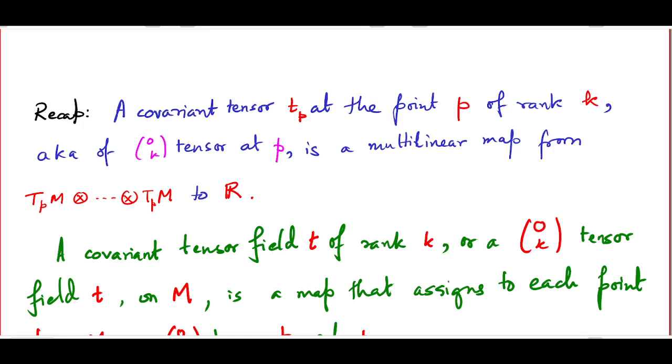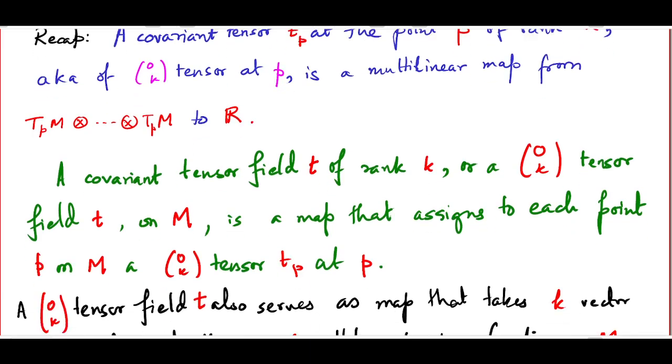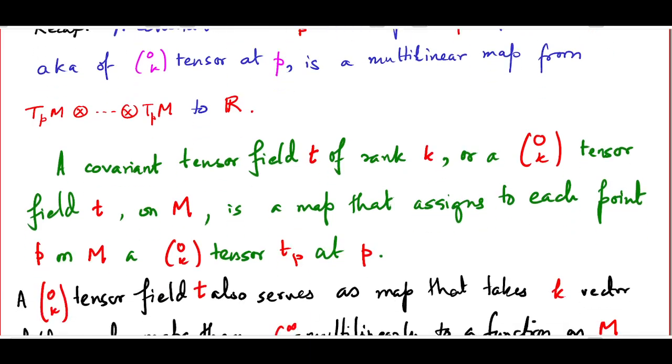We also extended this notion to get to the notion of a covariant tensor field T of rank K, also known as a 0K tensor field T on the manifold M. This was defined to be a map which assigns to each point P on M a 0K tensor Tp.